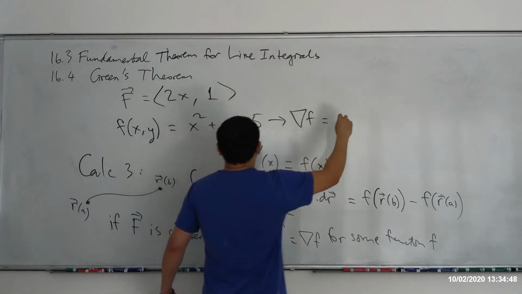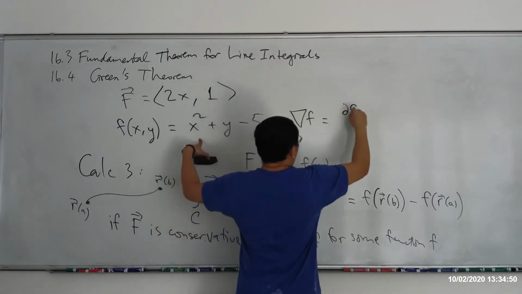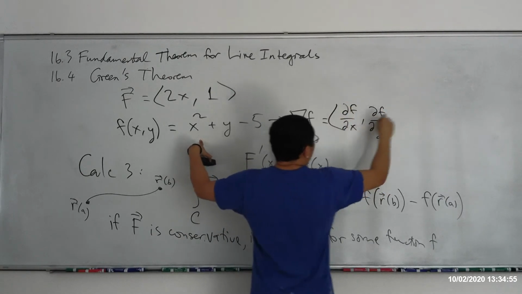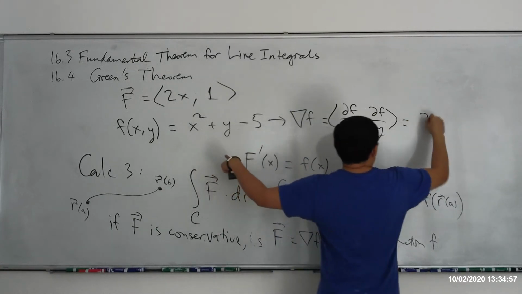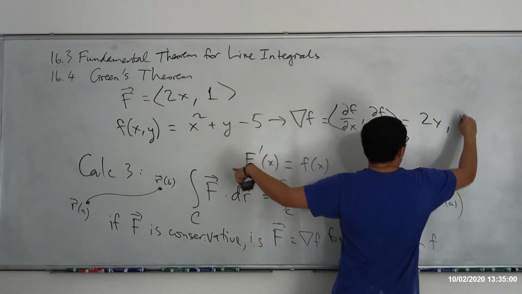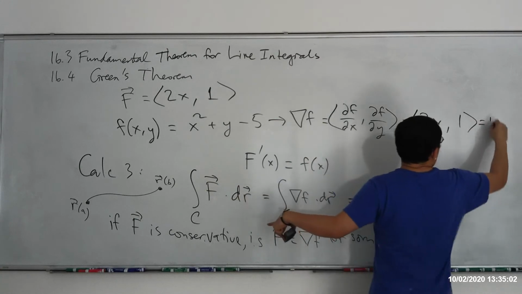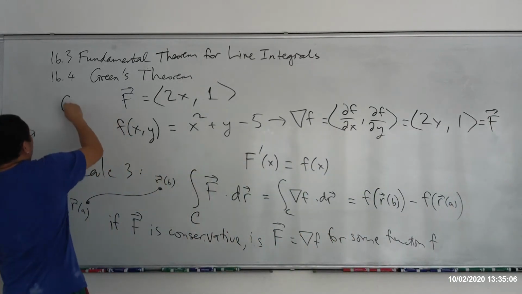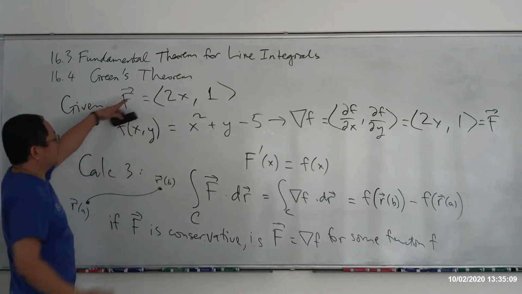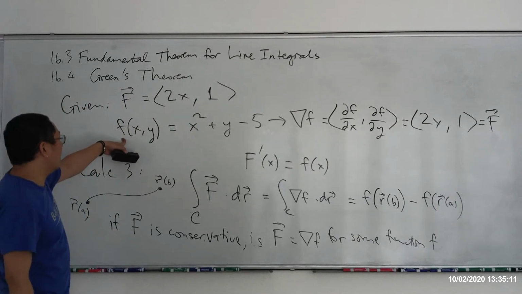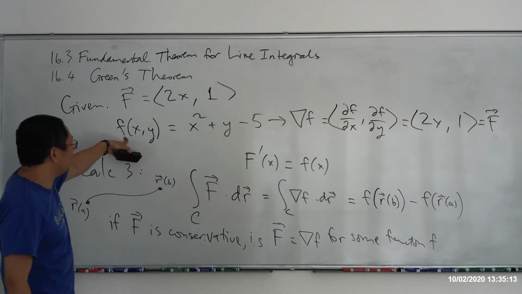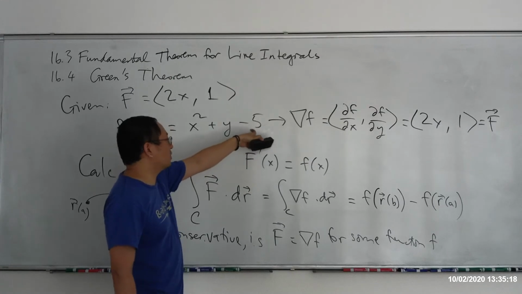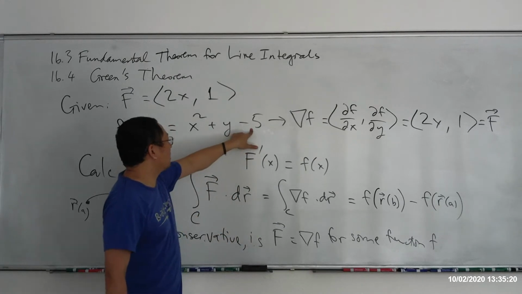This is equal to (df/dx, df/dy), which is df/dx is 2x, and df/dy is 1, which is F. The constant right here is trivial; you can choose any constant and it will work.